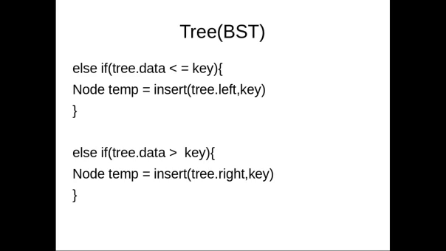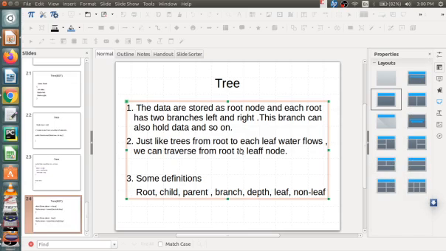Similarly, another else if: if the root node's data is greater than the key value, okay, this may be reversed. If the key is greater than tree.data, then we will insert at the right side of the tree, because you already know. So let us modify this.